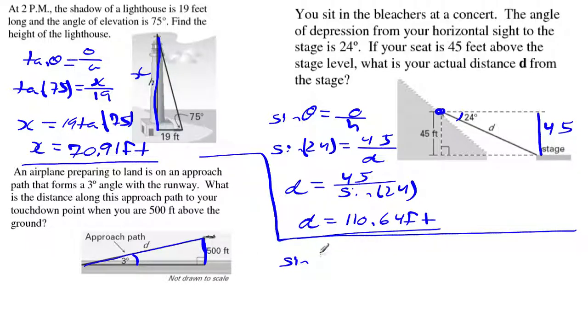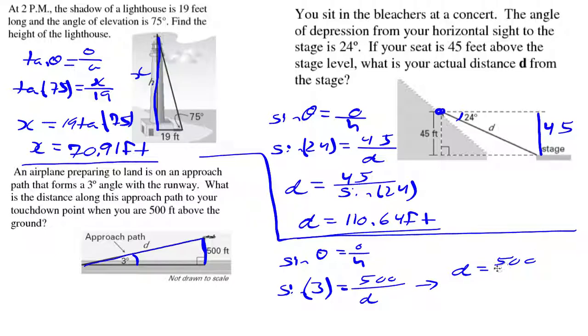So this is another sine. Sine of theta equals opposite over hypotenuse. So the sine of 3 is equal to the opposite side of 500 over the hypotenuse of d. So d is equal to 500 over the sine of 3.